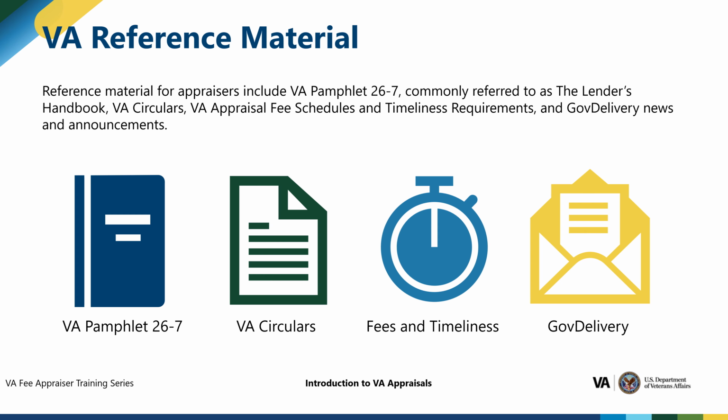A key to an appraiser's successful performance on VA's fee panel is staying informed of VA's guidelines and requirements, which are updated periodically. Reference material for appraisers includes VA Pamphlet 26-7, commonly referred to as the Lender's Handbook, VA Circulars, VA Appraisal Fee Schedules and Timeliness Requirements, and GovDelivery News and Announcements.